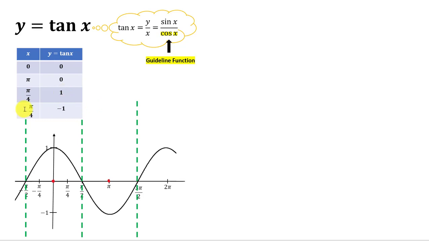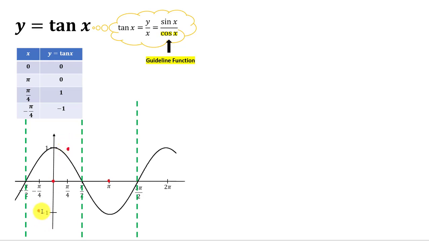Let's plot those points. So at pi over 4, tangent value is 1. Here's that point. And at negative pi over 4, tangent value is negative 1. Here is the point. So from here we can see that the branch of the tangent function is going to cross the x-axis right in between the asymptotes, and it will also appear both above the x-axis and below the x-axis.